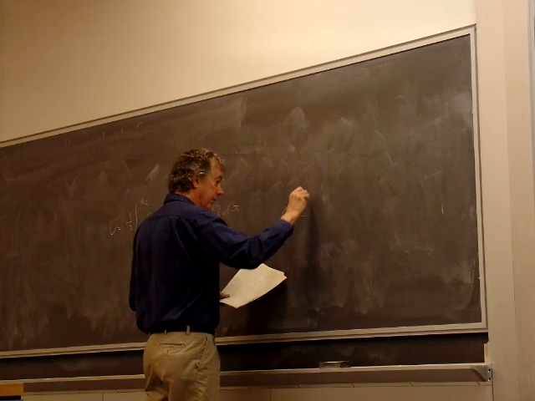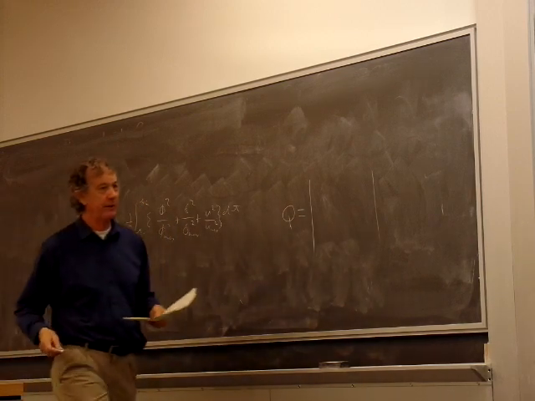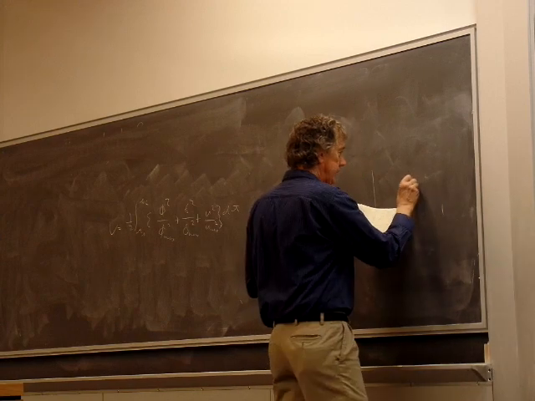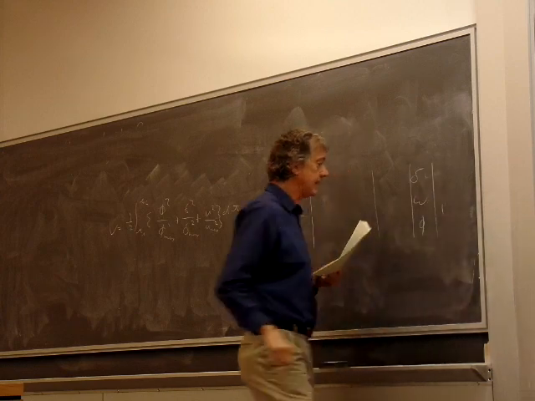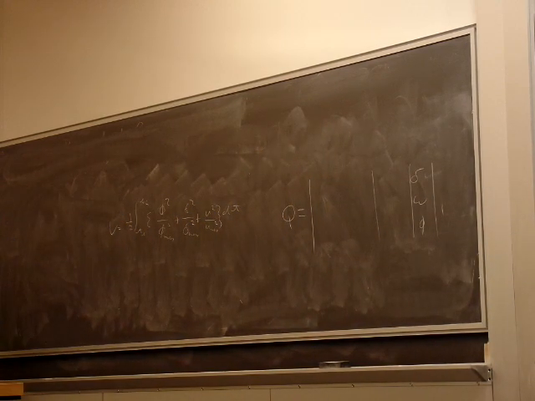So from this, Q. The states are in the order of omega, phi. Those are our states. What's the matrix?